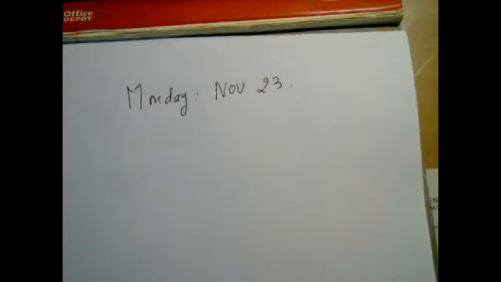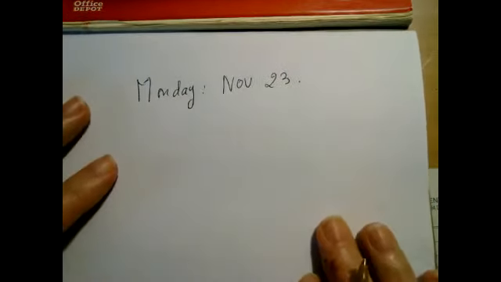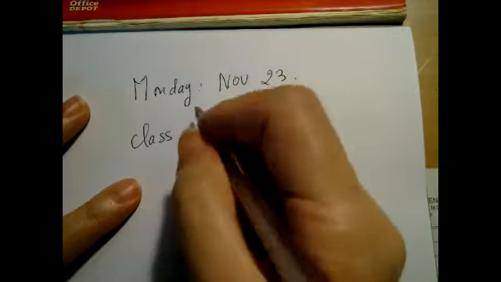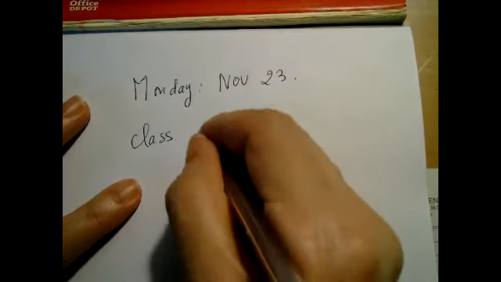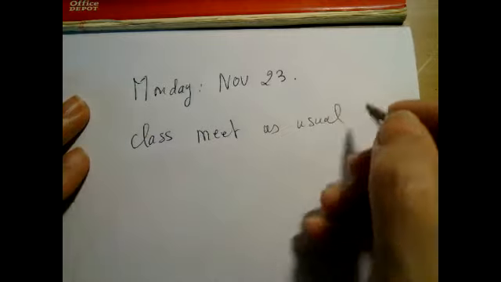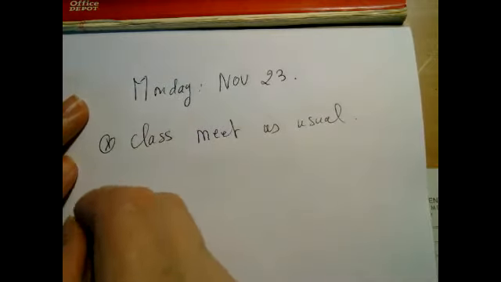My idea is the following. The class will meet as usual, where I can answer all your questions about the review that I'm going to put on Brightspace today. So I won't need an extra hour for the review.